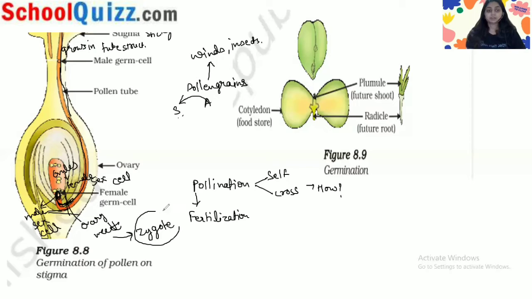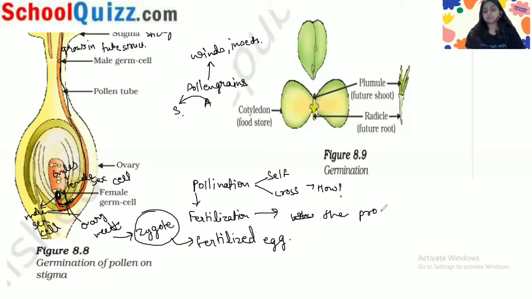So what is zygote? Zygote is a fertilized egg. So this is the fertilization process. What is the fertilization process?